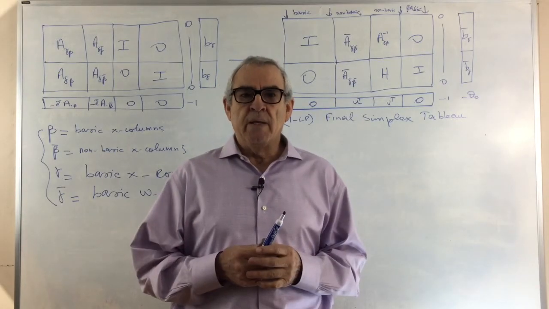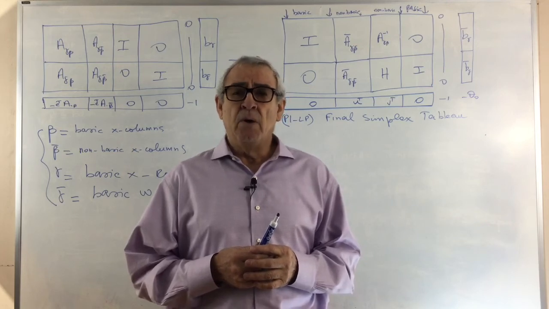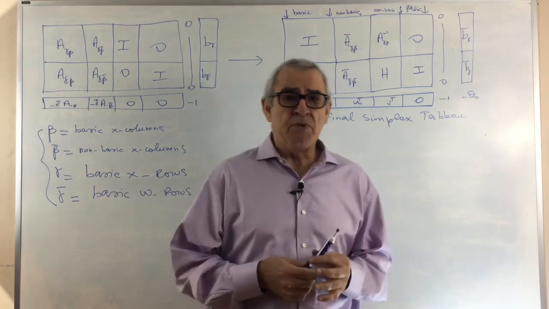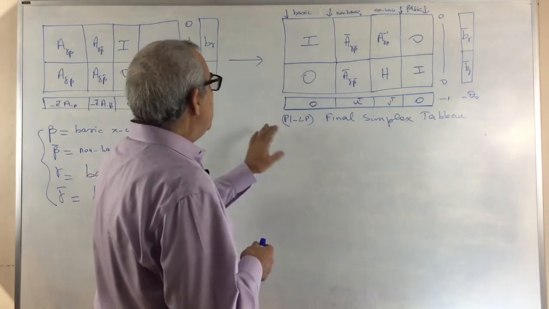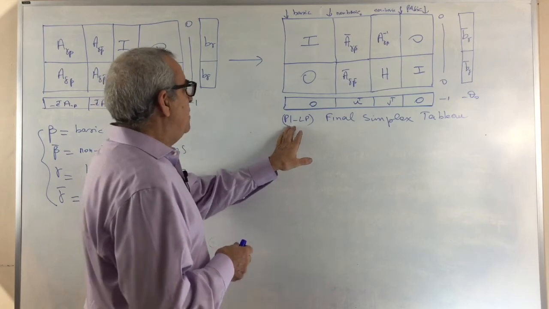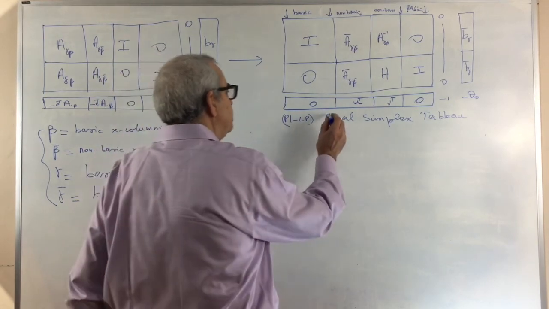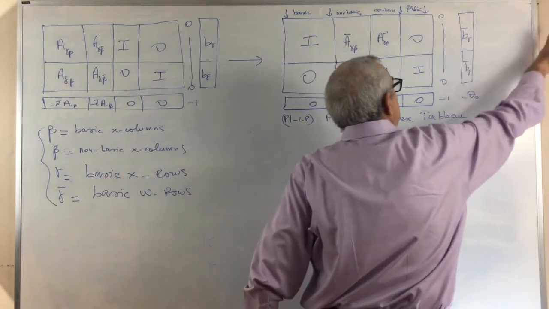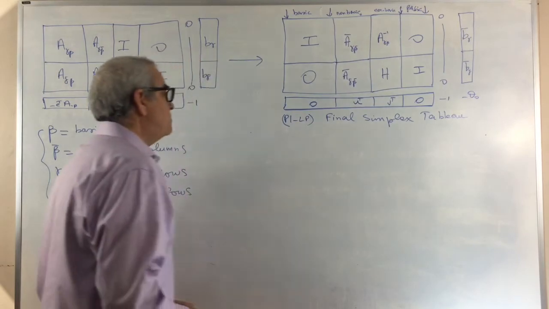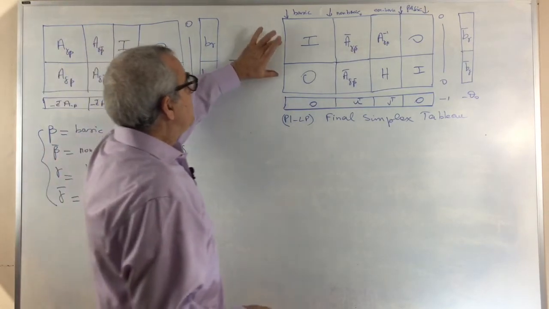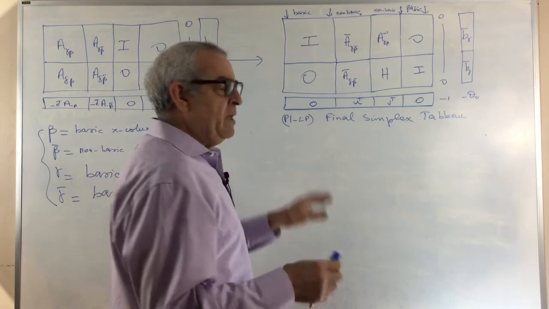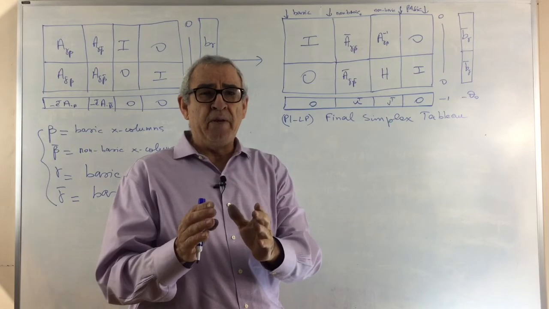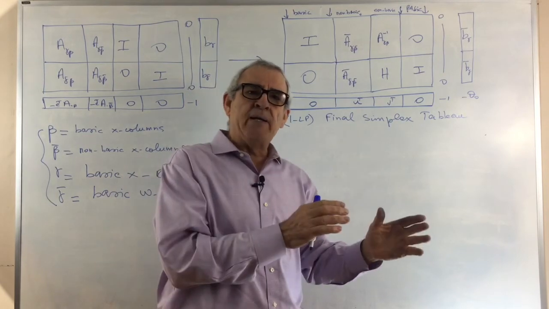Now we have shown that the lex LP is infeasible, and also the epsilon LP is infeasible. So now we look at the LP itself. Is it infeasible or not? So this is the P1 LP final simplex tableau. It's obtained from the previous tableau without that matrix over here. And now I did some rearrangements here. We are in a situation where we have some artificial variables still in the basis and some X columns basic.